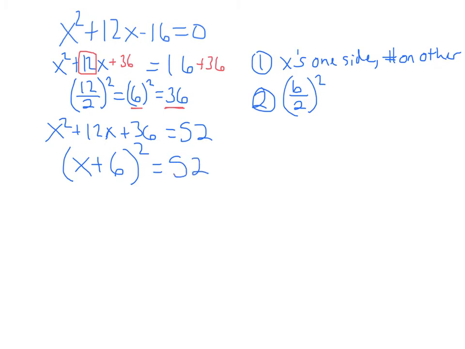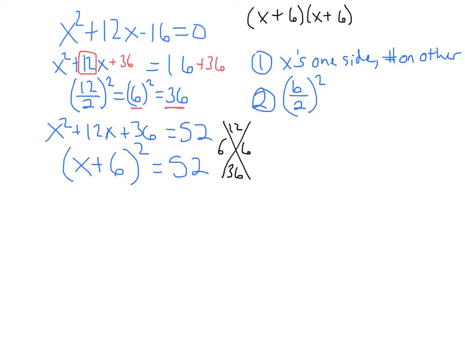Now let's make sure we understand how this is able to be factored. If I were to set up that AM method, I want to multiply to that 36 and add to that 12, right? Well, 6 times 6 equals 36, and 6 plus 6 equals 12. So I'm really going to have x plus 6 times x plus 6, which is just (x plus 6) squared.